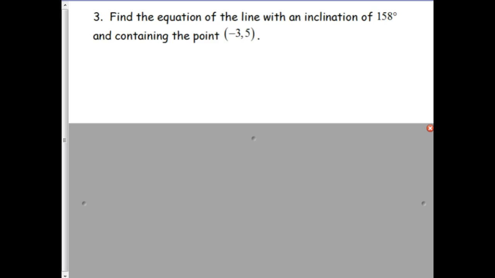So all we need to do is find slope first, because tan of theta equals the slope, right? So tan of 158 degrees equals m. When you plug that into your calculator, you get m equals negative 0.4.